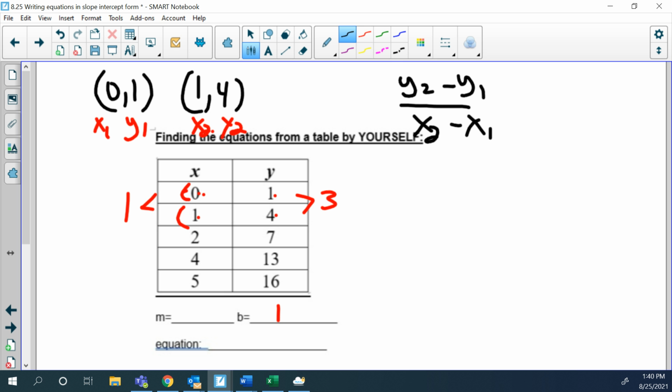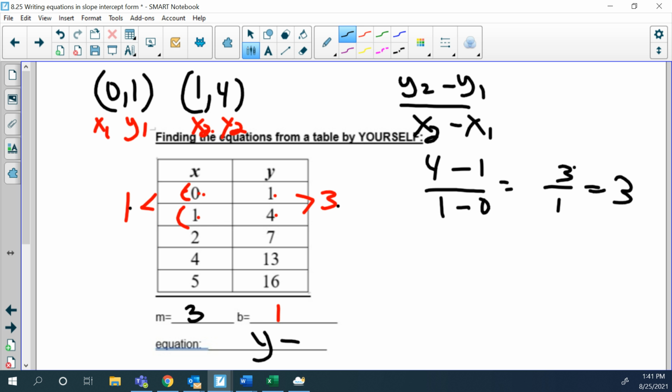And so my y2 is 4 minus my y1 is 1 over my x2 is 1 minus my x1 is 0. 4 minus 1 is 3. 1 minus 0 is 1. That equals 3. So my m is 3. And so same thing, you see, I have a 3 and a 3. I get the same answer. And so my equation is going to be y is equal to 3x plus 1.